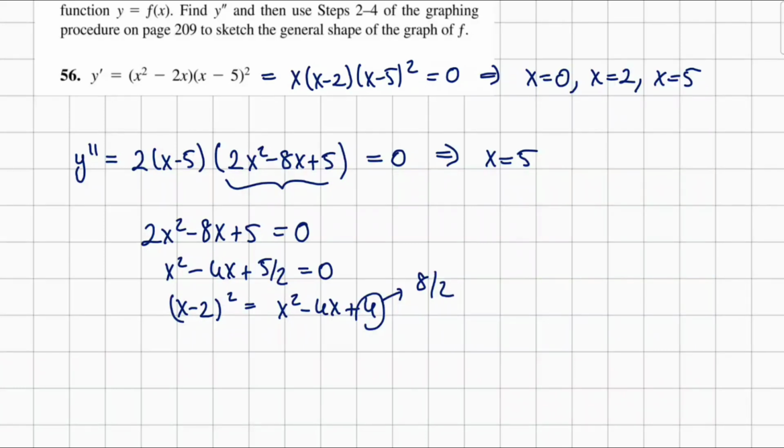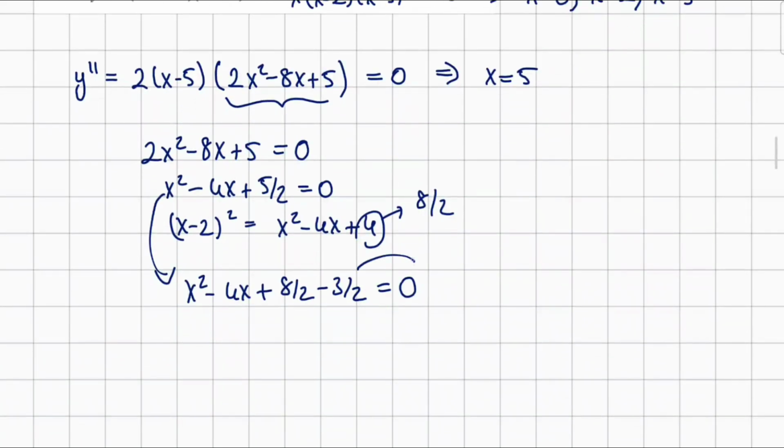So I'm going to add and subtract 3 over 2. Then this will become x squared minus 4x minus 3 over 2 is equal to 0. And I'm going to replace this, and it will become x minus 2 squared is equal to 3 over 2.